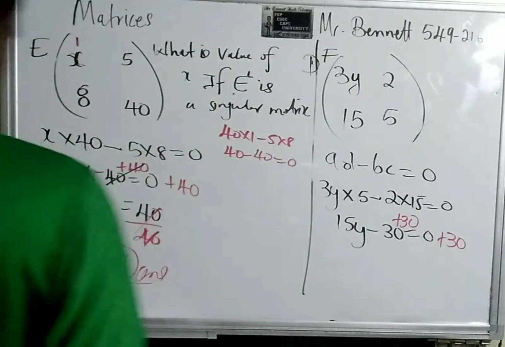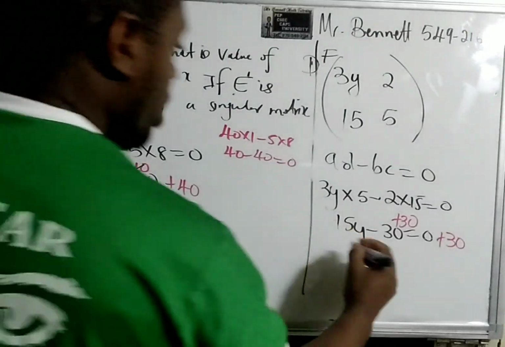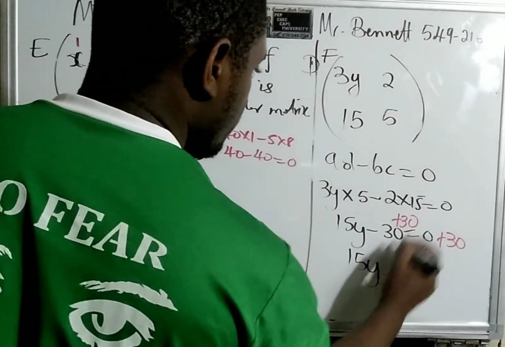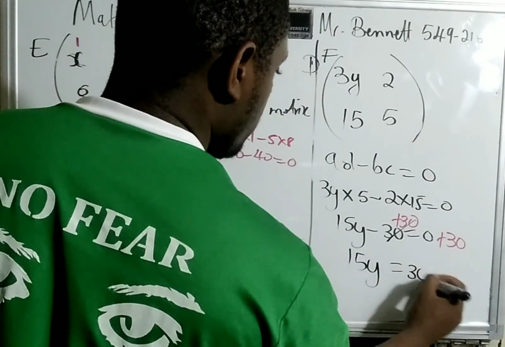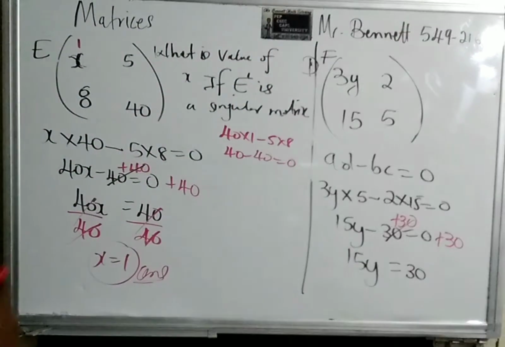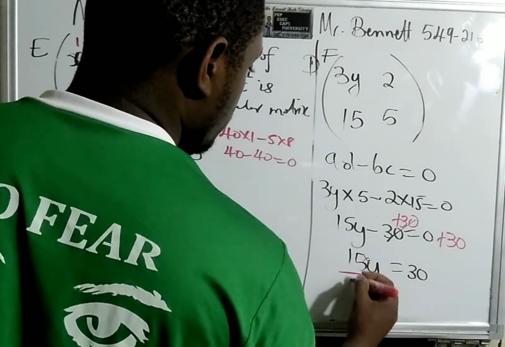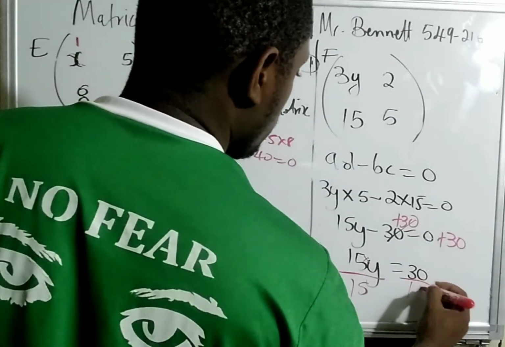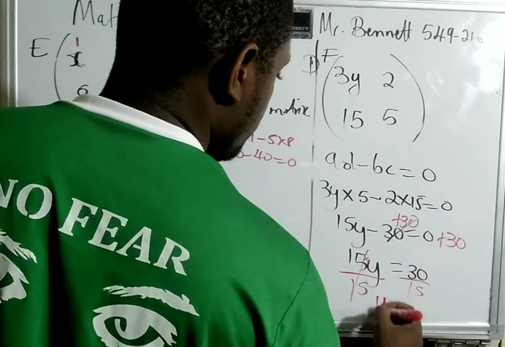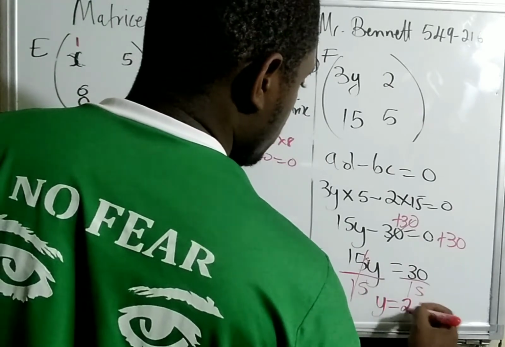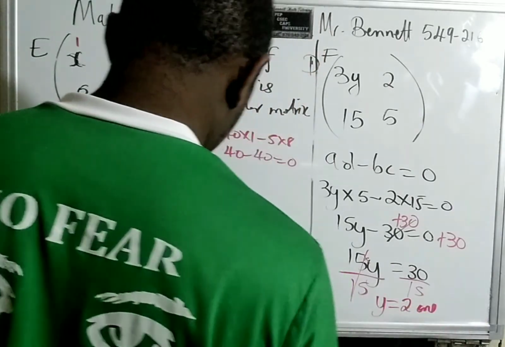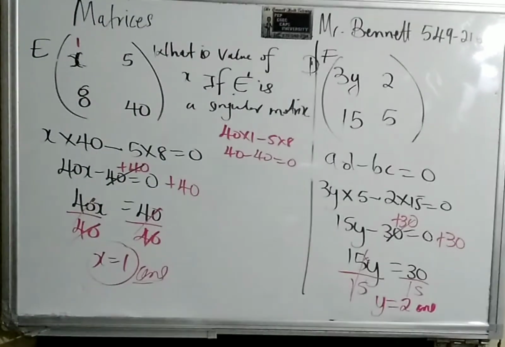So we are left with 15y is equal to 30, and then we divide, because this is saying 15 times y, so we divide by 15. What you do to one side, you do to both sides. y is equal to 2, because 30 divided by 15 is equal to 2.